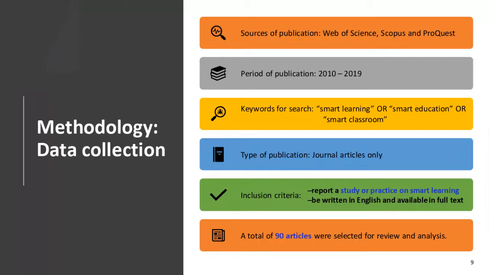This is the methodology regarding the sources, the period of publication, 10 years, starting from the year 2010, involving keyword search and the types of publications I chose, the types of articles I've selected, and at the end, 90 articles were selected for this review and analysis.